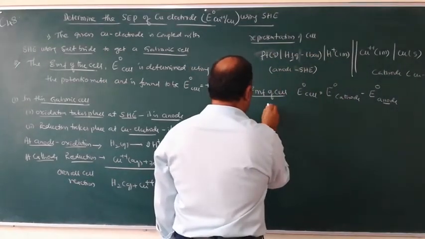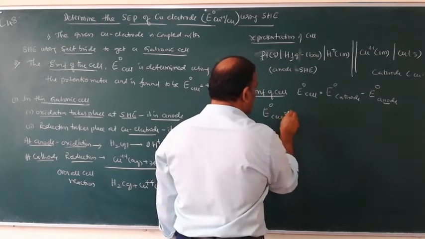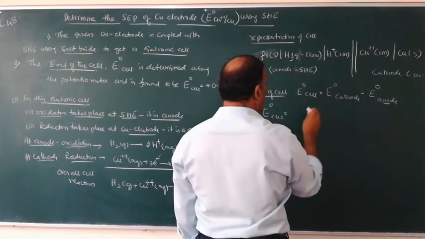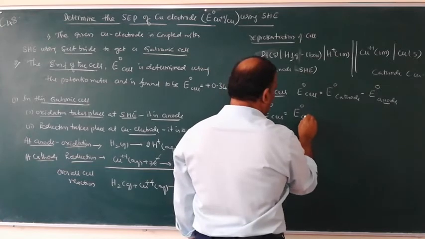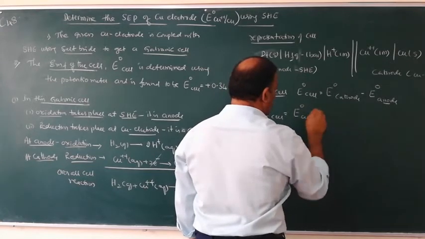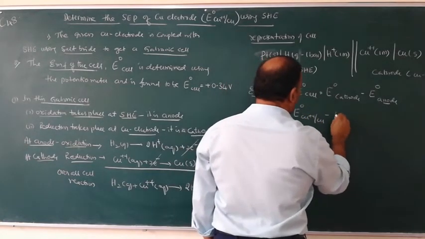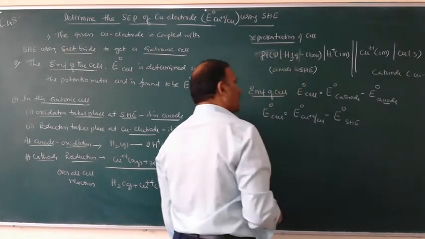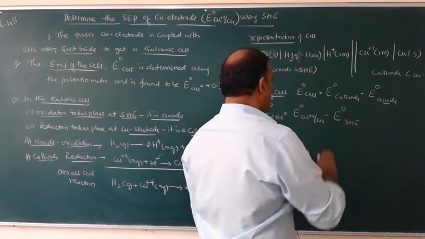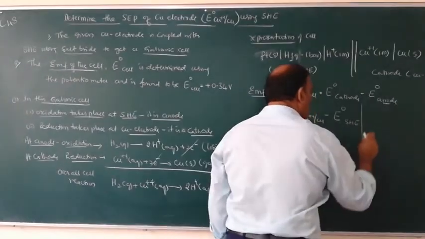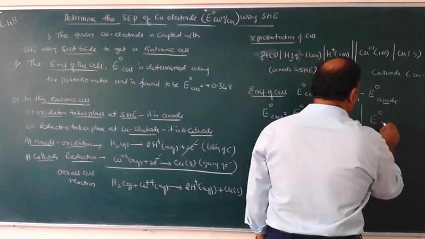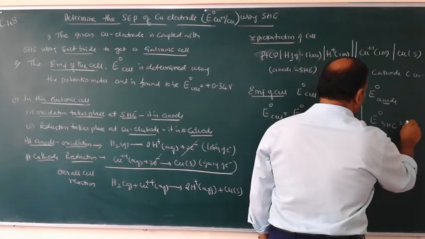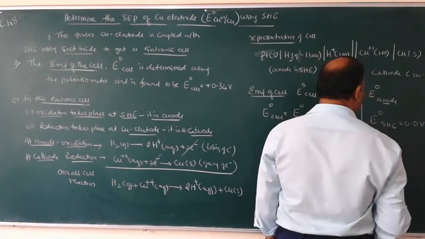So E naught cell is equal to E naught cathode, that is E naught of Cu2+ | Cu, minus E naught of SHE. Anode is SHE. So E naught of SHE is equal to 0.0 volt.